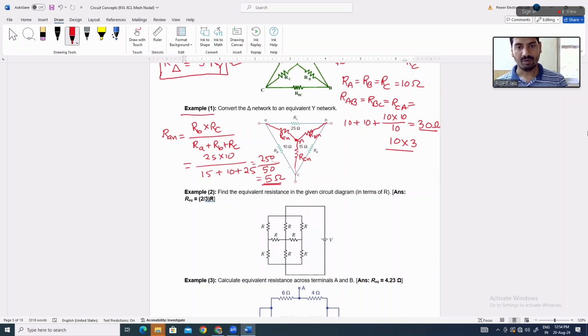In example number 2, you can find this type of problems. I think you have also solved the equivalent circuit, means equivalent resistance between two terminals while preparing for JEE exams.